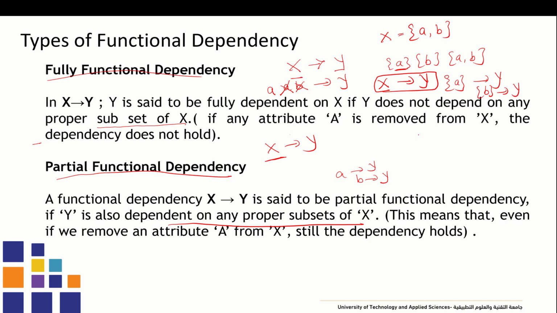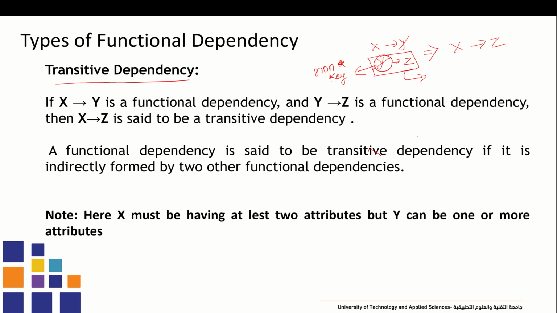Transitivity dependent: for example, there are two functional dependencies, x determines y and y determines z. That y determines z will allow you to create another dependency, and y will not be a key. Then that dependency is called transitivity dependency.